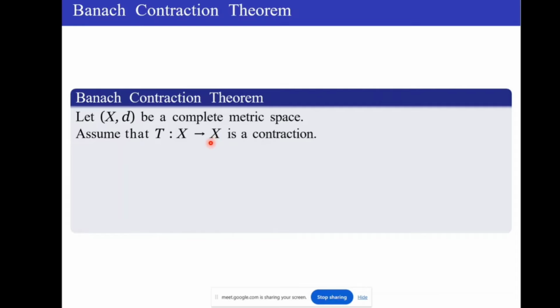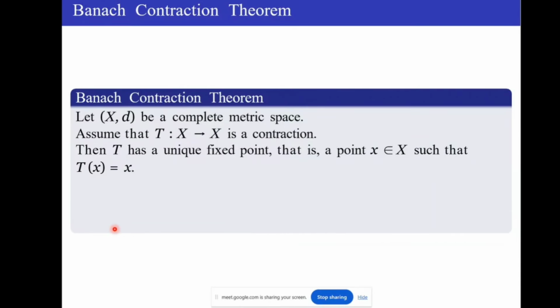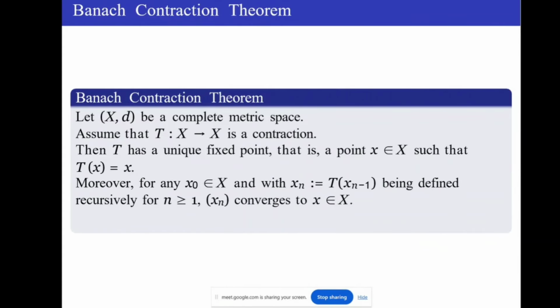The Banach contraction theorem says that if you start with any complete metric space and you have a contraction on it, then that map T will have a unique fixed point, that is, a point x such that T(x) = x. Moreover, if we have a sequence x_n obtained by repeatedly applying the map T, eventually that sequence x_n will converge to the fixed point.